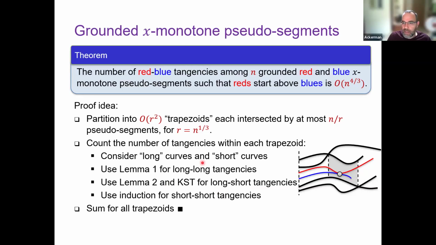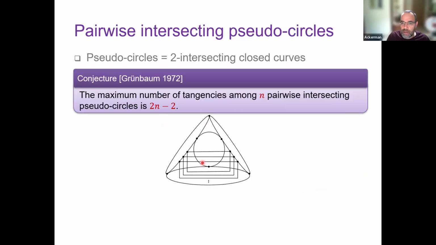So this is about grounded x-monotone pseudo-segments, and the final result that I want to mention is about pairwise intersecting pseudo-circles. Pseudo-circles, again, are closed curves that intersect at most twice. According to a conjecture by Grünbaum from the 70s, the maximum number of tangencies among n pairwise intersecting pseudo-circles is 2n minus 2.